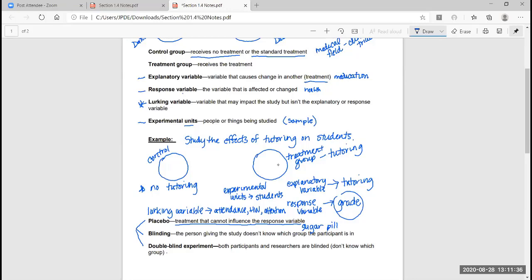So you can have a single blind experiment where maybe the participant doesn't know and the researcher does, or the researcher doesn't know and the participant does.